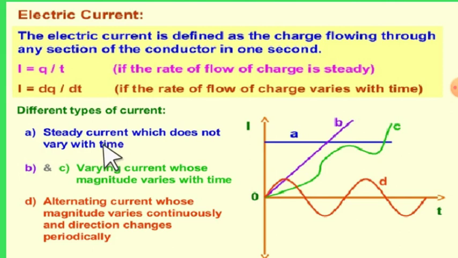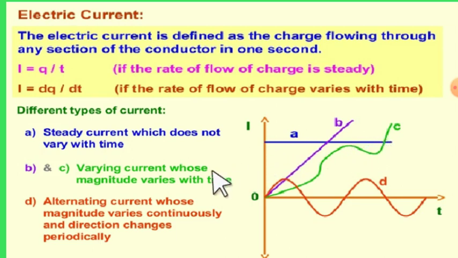So with time, the magnitude of the current will not change, it will remain constant. In this graph of current versus time, graph A will represent the first type, steady current. At different points of time, its current will remain the same.